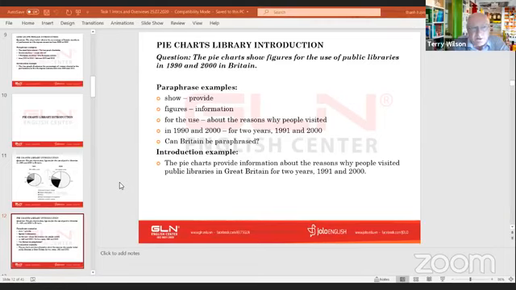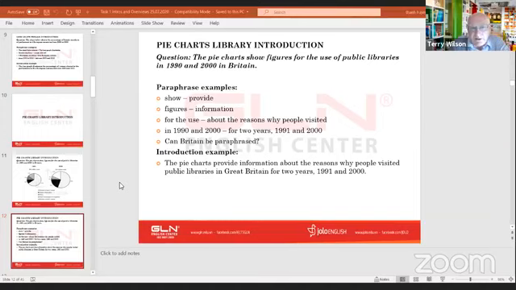Don't get confused by using numbers because the question uses percentages. So numbers is not a synonym of percentages. That's a frequent error with some students.